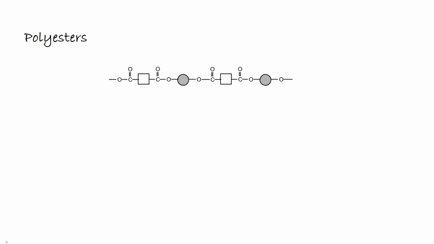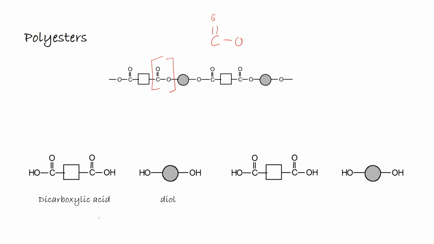Polyesters then are polymers which contain the functional group of an ester link. You can see the ester link here, the functional group, which has got the C double bond O in it, making a polymer and hence polyester. The polyester then can be formed, in this case, from two different monomer units.